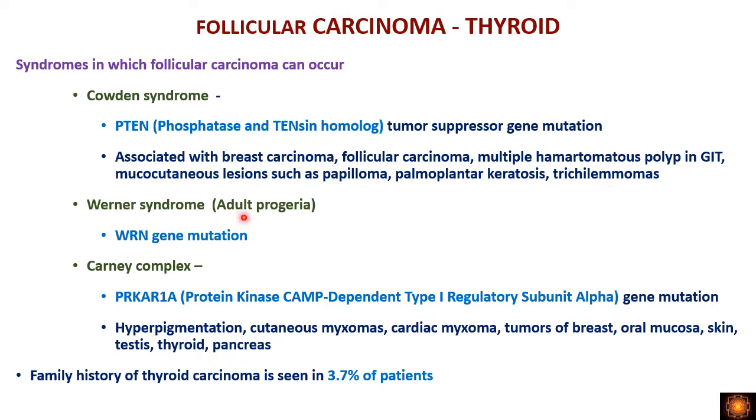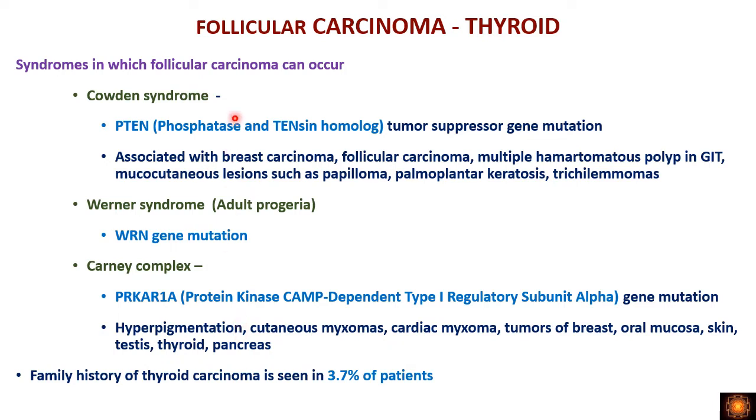Whereas Werner syndrome is adult progeria, and in the Carney complex we have PRKAR1A gene mutation. This Carney complex is characterized by hyperpigmentation and myxomas. There can be cutaneous myxomas or cardiac myxomas, and the patient will also have tumors of breast, oral mucosa, skin, testis, thyroid, and the pancreas.